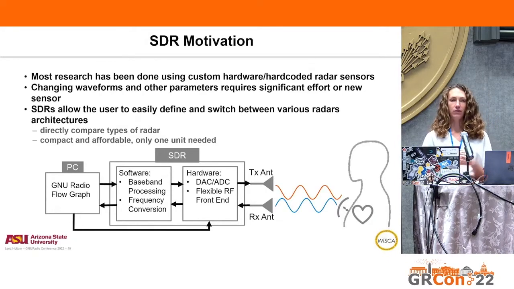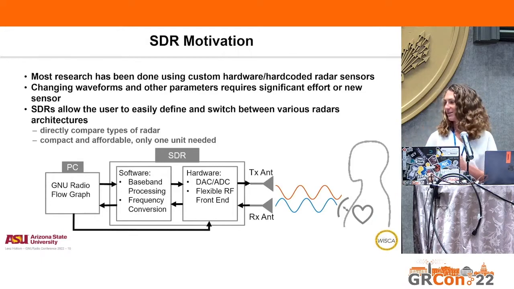So a lot of times we have found ourselves in a situation where we wish that we had control over a certain parameter of the radar that we have, but we can't reconfigure it easily, so then we go back to the drawing board and find a new sensor to work with.